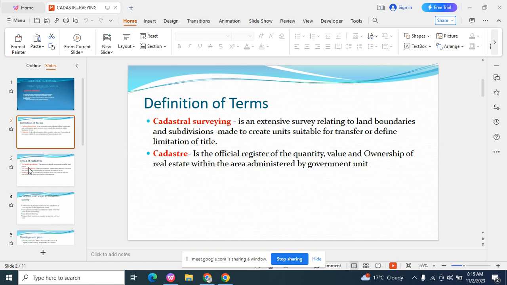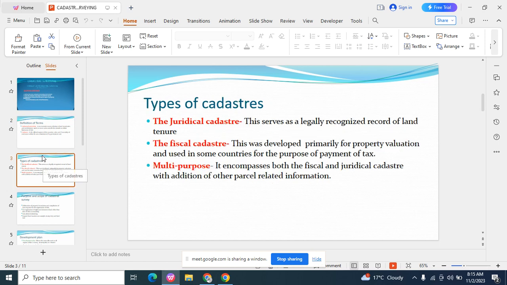Next is the types of cadastre. We have the juridical cadastre. This serves as a legally recognized record of land tenure. The fiscal was developed primarily for property valuation and used in some countries for the purpose of payment of tax.